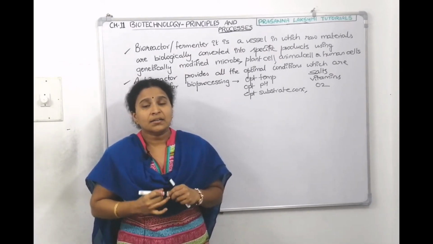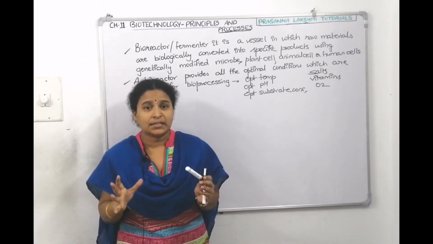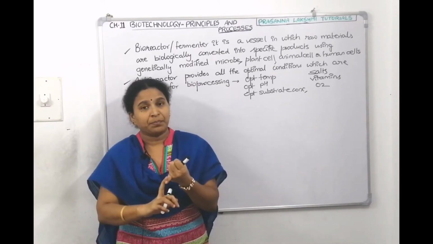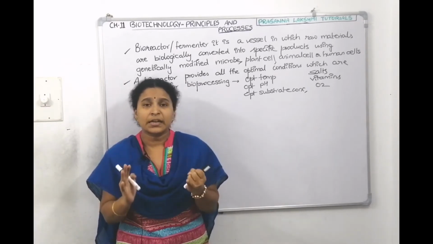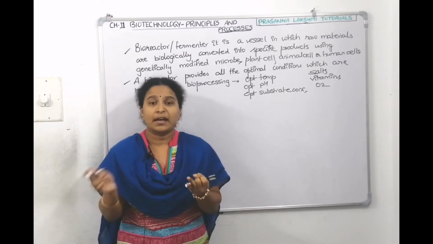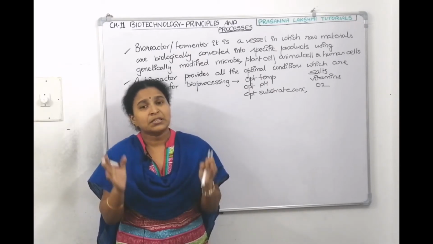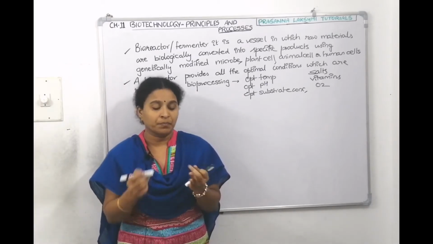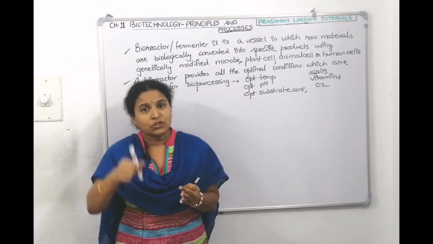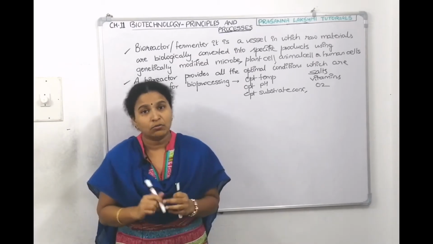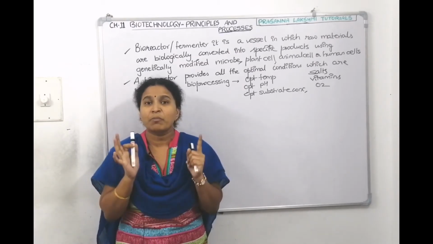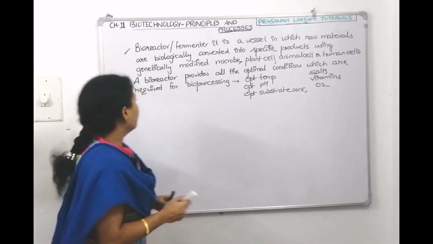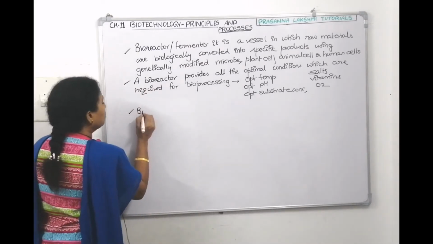Means the bioreactor is equipped with certain techniques so that it can help in mixing. It can supply sterile air, oxygen. It can control the foam, because excess of foam generates a problem. Then it has a device to monitor and control the temperature. Means bioreactor has so many systems which are inside. We can write that point also.